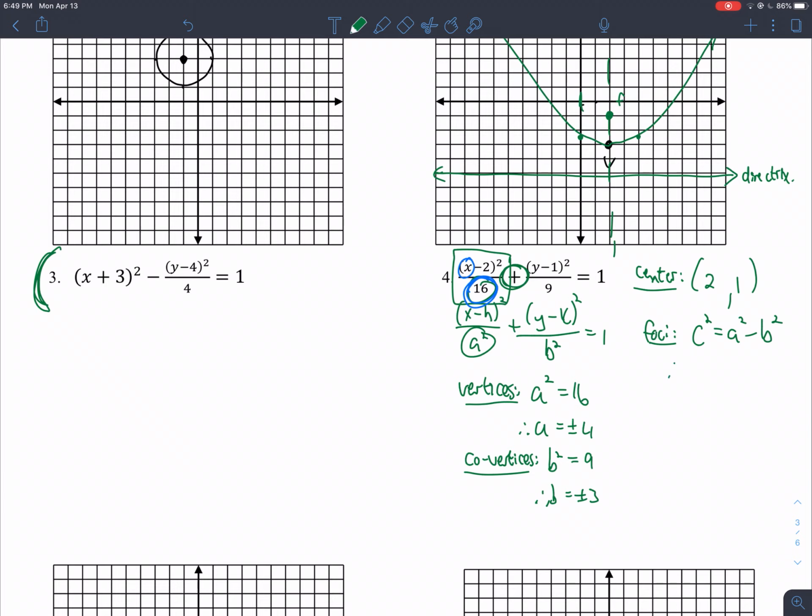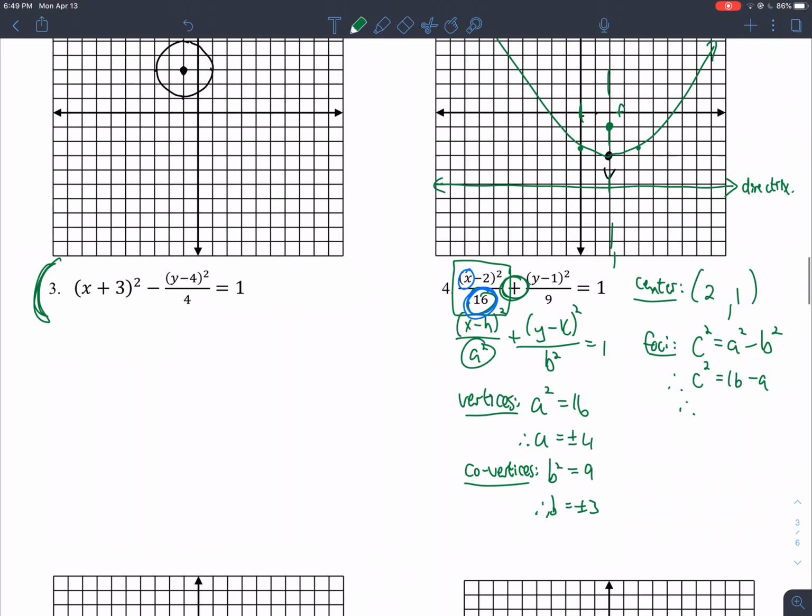And so I get c squared equals a squared, which is 16, minus 9, which is b squared. And you get c squared equals 7. So c is plus or minus root 7, so c is approximately plus or minus 2.6.